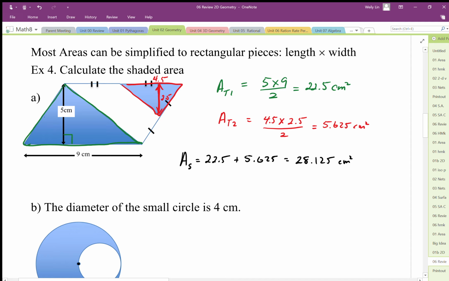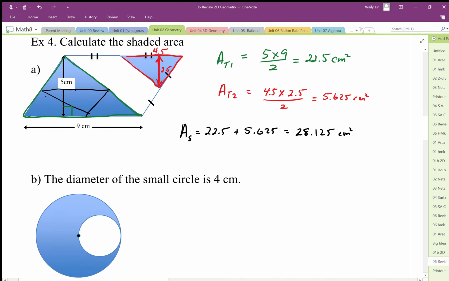If I split this in half here and split this in half going in this direction, we can see that there are 4 of those red triangles in that diagram. So if we divide 22.5 by 4, we end up with 5.625. That would be another way to find the area of the smaller triangle.